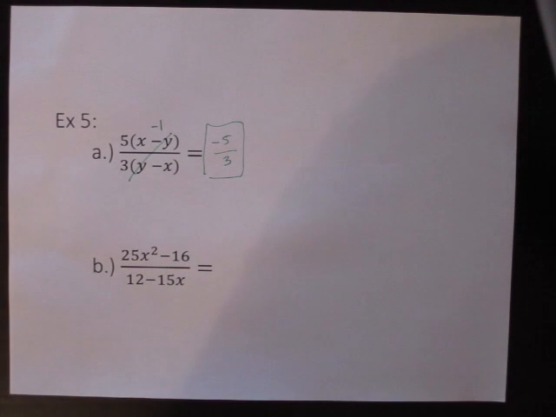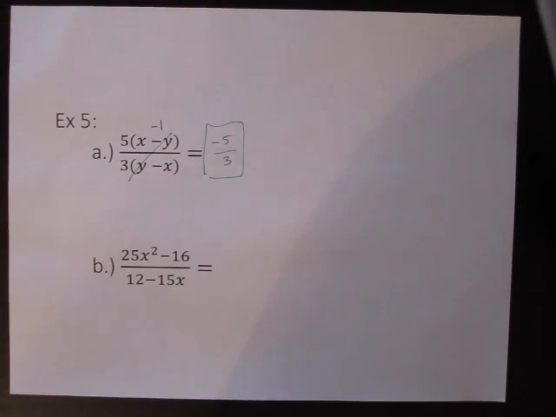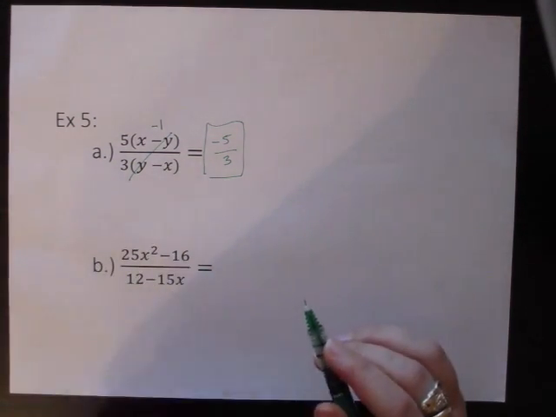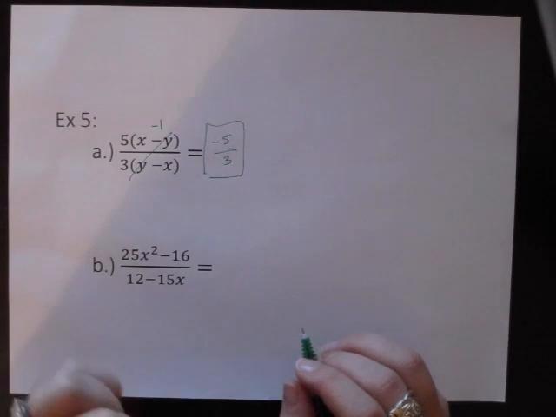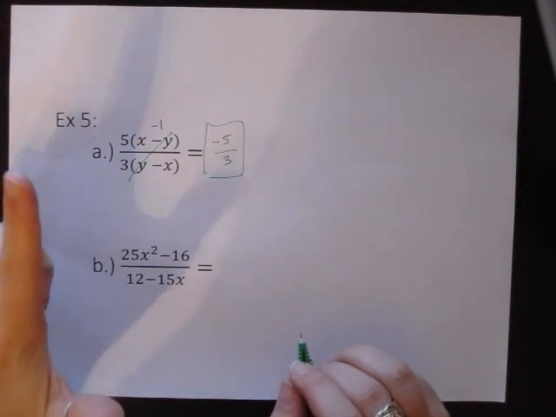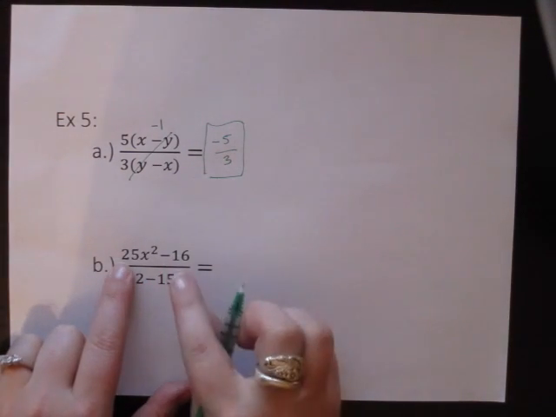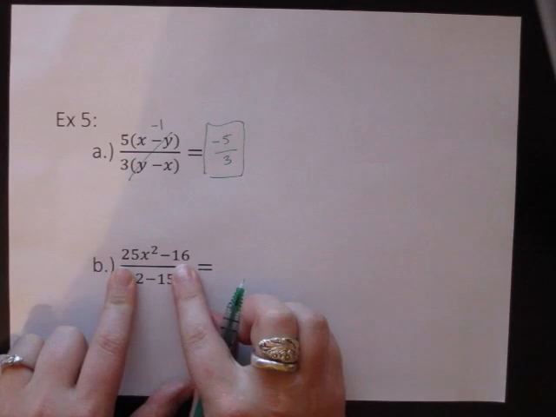Alright, so if we do a full problem, here we go. We got 25x squared minus 16 over 12 minus 15x. So I got a binomial over a binomial. If it's a binomial, which means two terms, it could either be a GCF or it could be a difference of perfect squares. So 25x squared minus 16, 25 and 16 are absolutely perfect squares.